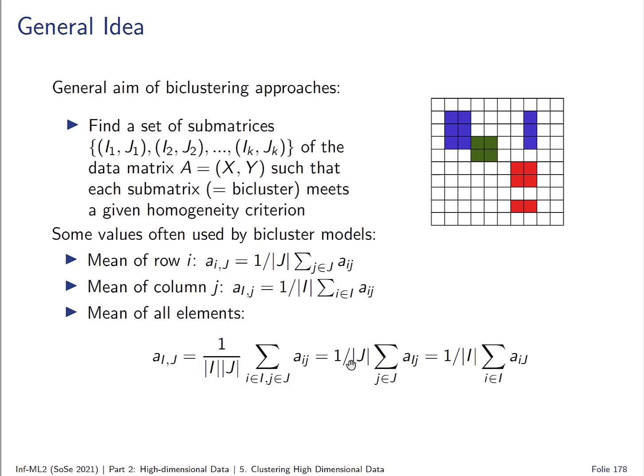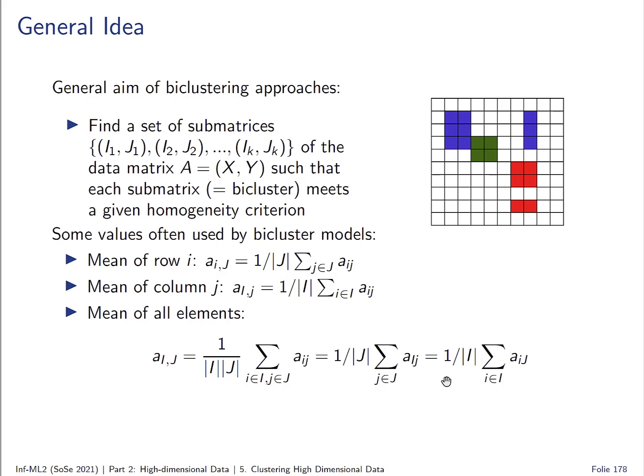This comes down to the sum over all row means in this submatrix, and the same holds true with the normalized sum over all column means in this submatrix, obviously.